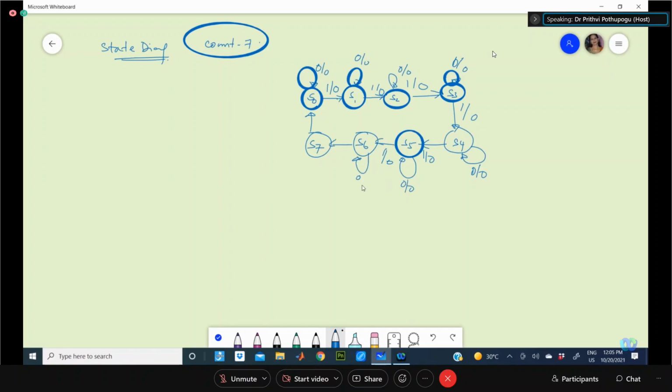Now for this, if you take your state table and draw it using a T flip-flop, see whether the design is the same as what we have taken in the combinational one. I'm giving this as your assignment one. For the mod 7 counter, using the state table of mod 7, design the sequential circuit using T flip-flop.